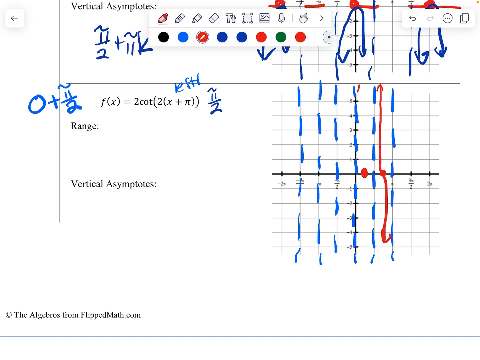So it's our midline that goes through 0, and then it would be going down. So our range is negative infinity to positive infinity, and our vertical asymptotes start at 0 and every pi over 2k. So you could just say pi over 2.